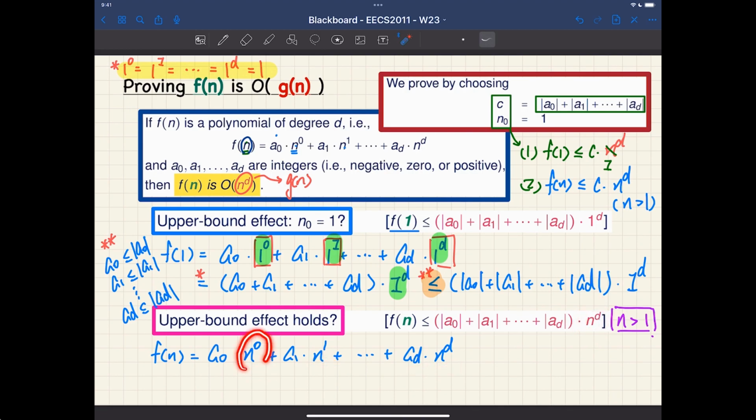n to the power of 0, given that n is larger than 1. What can we say about n to the power of 0 and n to the power of d? Are they equal or not equal? If they are not equal, how exactly should they be connected? That's really the essence of the proof.